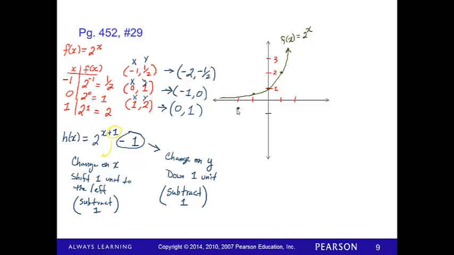We say that's halfway. And then negative 1, 0. And 0, 1. And then again, we want to connect these in a smooth, continuous curve. I hope your graph looks better than mine.